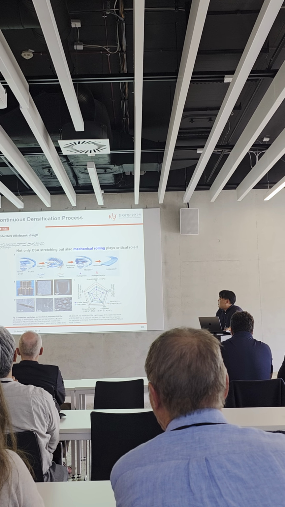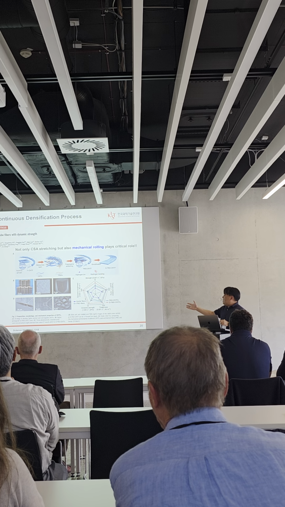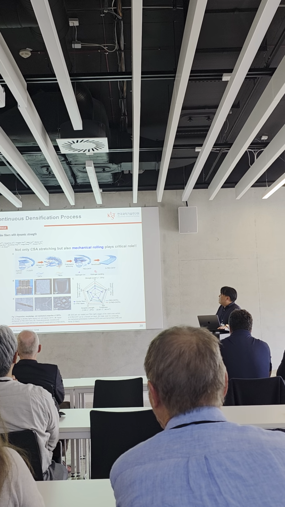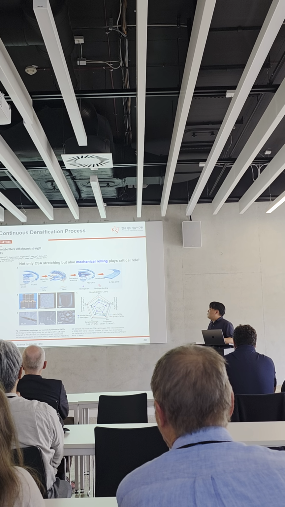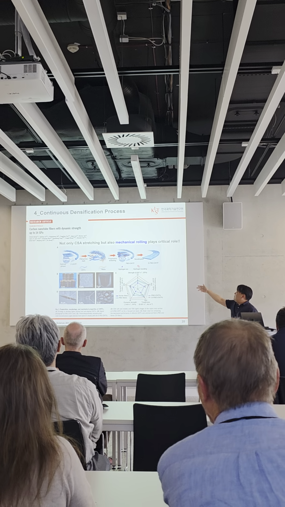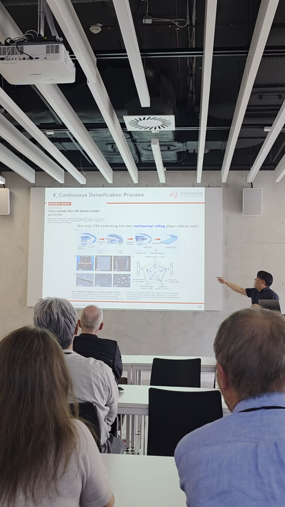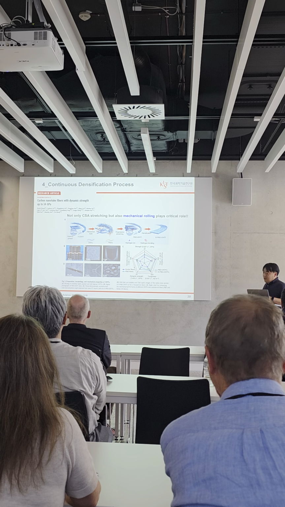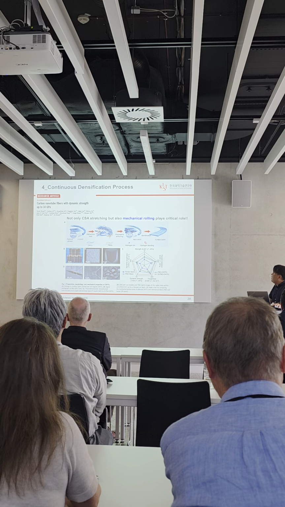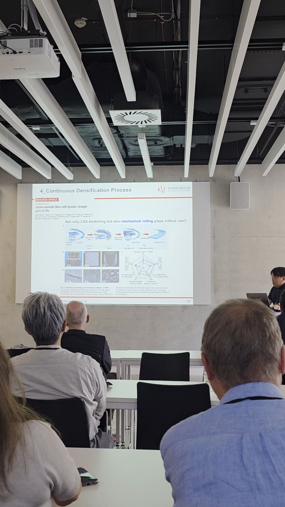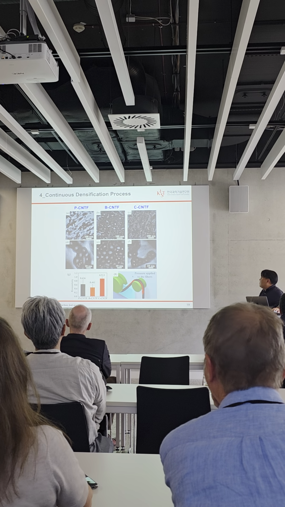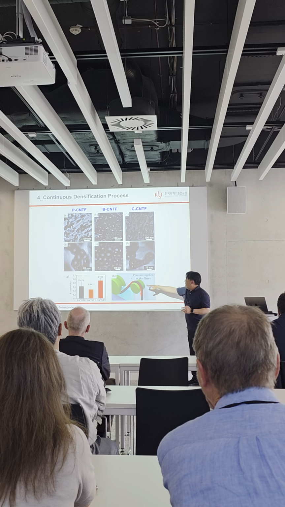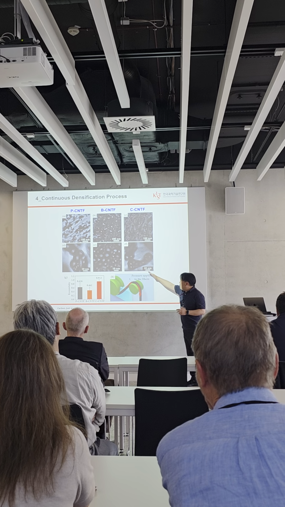A Chinese group published a result in Science using CSA densification with some PBO, and a lot of groups are also doing rolling. So we think this mechanical rolling plays a critical role. In our case, due to the configuration of the rollers, the CSA-immersed CNT fiber experiences some pressure.